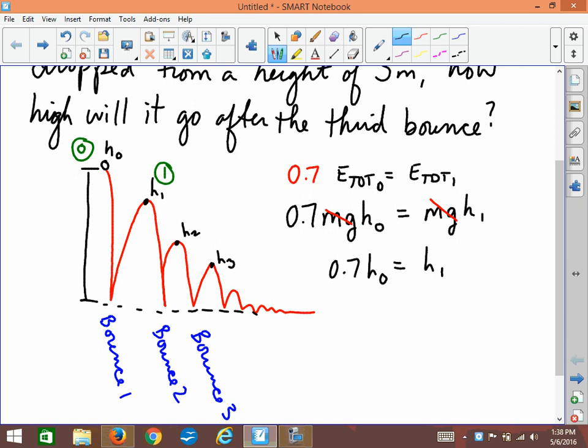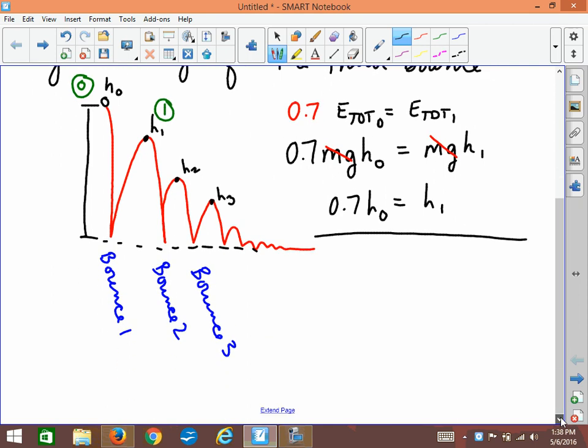So far, so good. Now let's do that again for position 1 and position 2, which is after the second bounce. And it's going to be exactly the same thing. The ball, after the next bounce, will lose another 30%, right? Every time it bounces, it's going to keep only 70%.